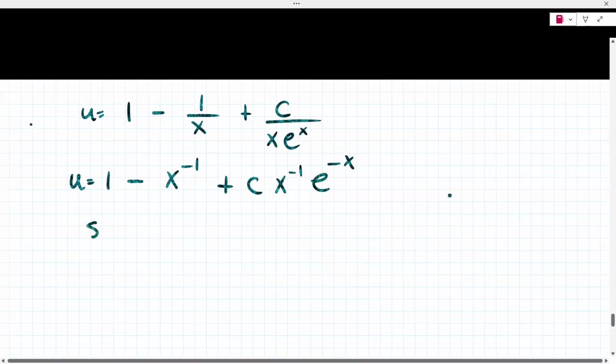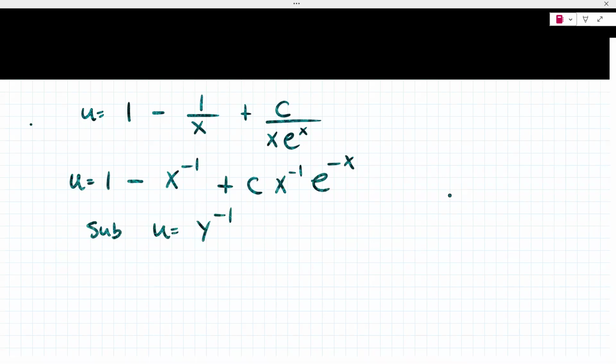Now you can substitute u equals y to the negative 1. So let's substitute that. So this is going to be y to the negative 1 equals 1 minus x to the negative 1 plus c x to the negative 1 e to the negative x.